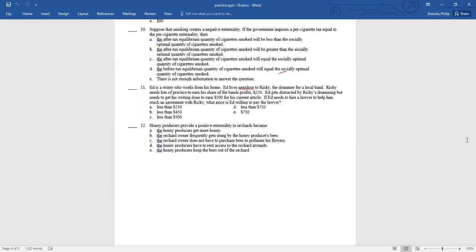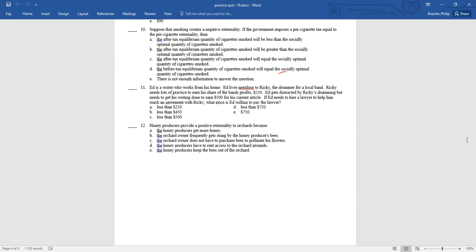So if Ed needs to hire a lawyer, Ed has to pay his lawyer less than $500, because if he pays him more than $500, then he's losing money. He gets the $500 for writing, but he gets nothing. So the answer would be C, as in Caroline, less than 500. Now, if they flip this and ask you for Ricky, Ricky would have to pay less than 250, because he's earning 250 by practicing his drum.